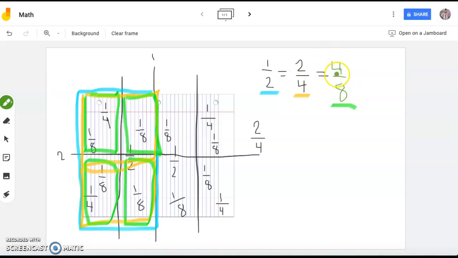It's just that in the 4/8 you have smaller pieces, and in the 2/4 you have medium pieces, and in the 1/2 you have one giant piece. Okay, equivalent fractions means that all these fractions are the same size or using the same model. Okay, and that's what you see right here. All right, I hope that helps, guys.